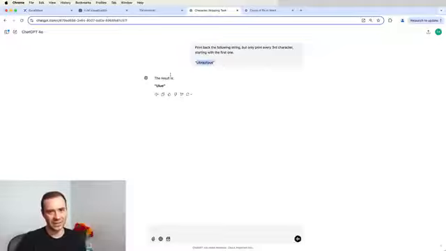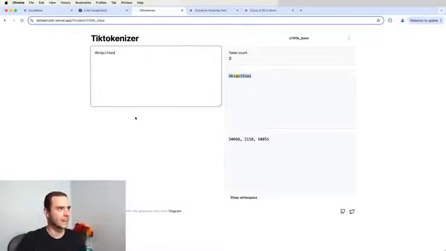But number 2, the more important issue is that if you go to Tiktokenizer and look at ubiquitous, we see that it is 3 tokens. You and I see ubiquitous, and we can easily access the individual letters because we see them. When we have it in the working memory of our visual field, we can easily index into every 3rd letter. But the models don't have access to the individual letters. They see these 3 tokens.